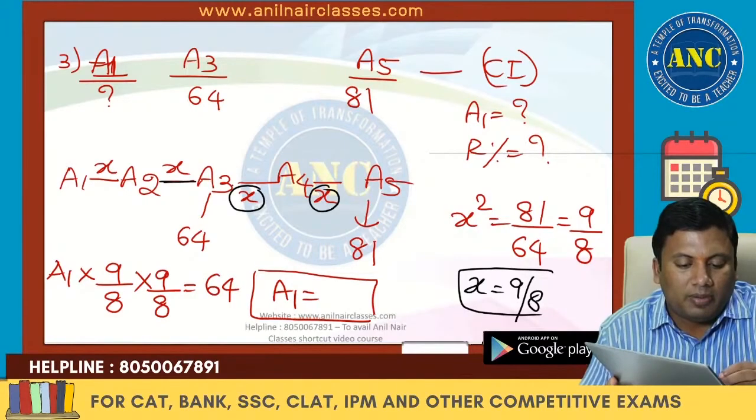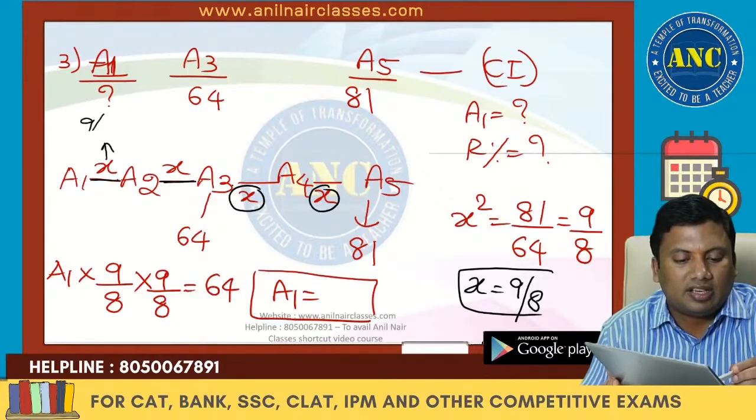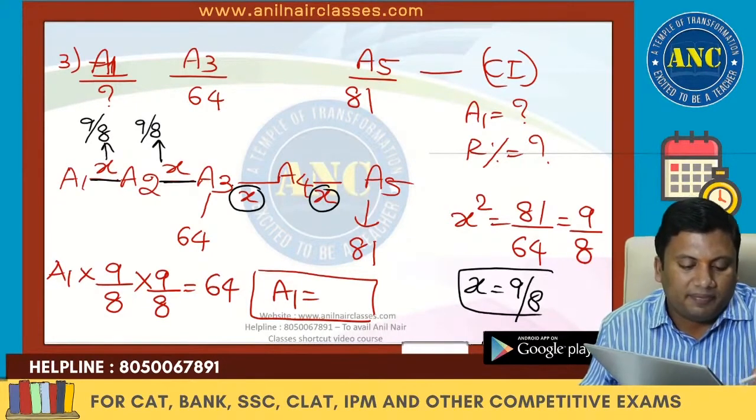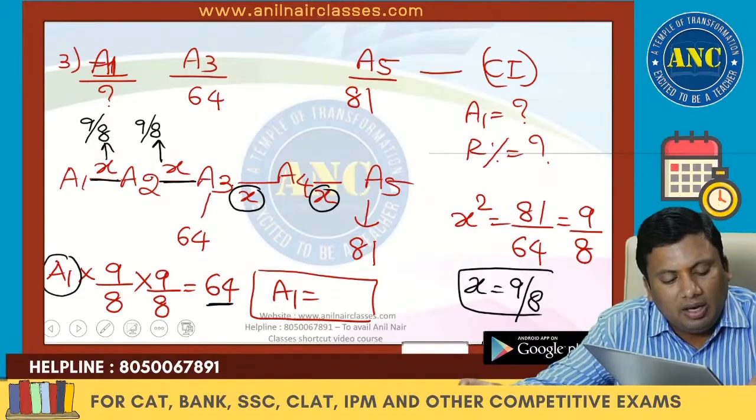A2 into 9 by 8, I will get A3. 9 by 8 into 9 by 8 is nothing but 64. This is the initial value. No usage of any formula, sir.